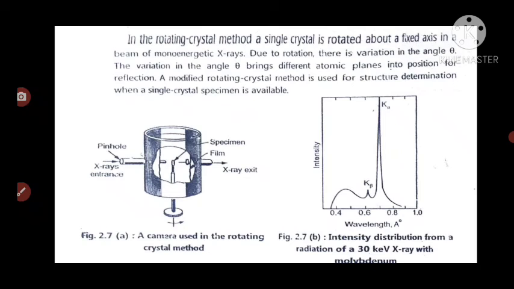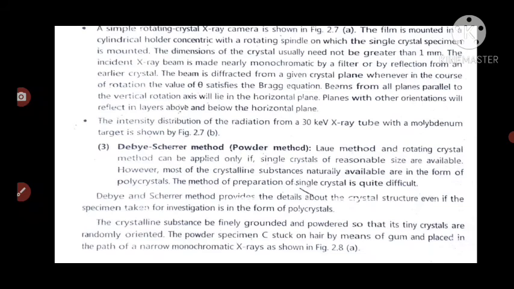and the incident X-ray beam is made nearly monochromatic by a filter or by reflection, and the rotation gives values of theta which satisfy Bragg's equation. The planes which are parallel to the vertical rotation axis will lie in the horizontal plane, and planes with other orientations will reflect in layers above the horizontal plane.